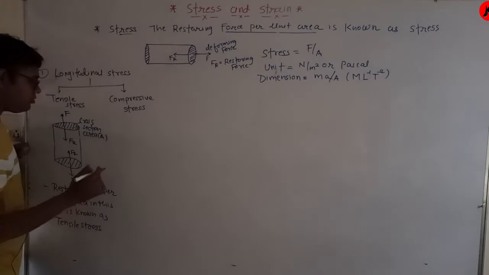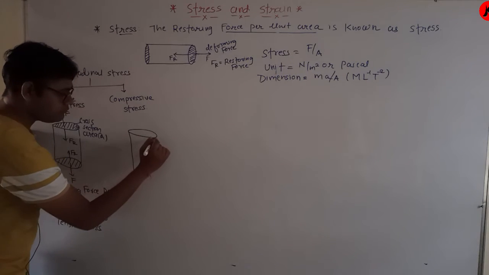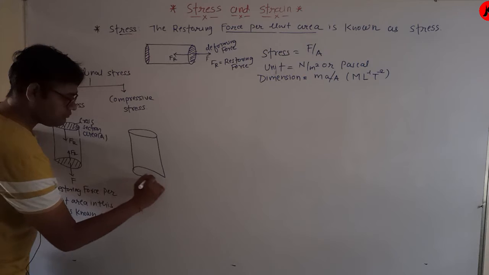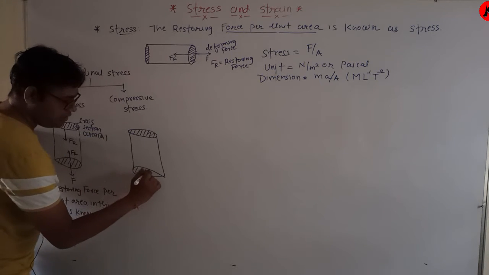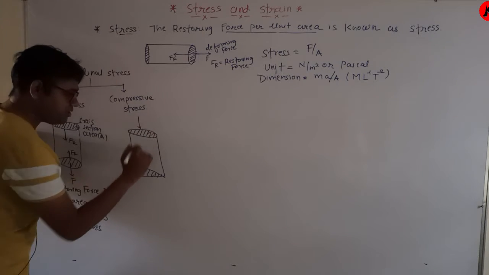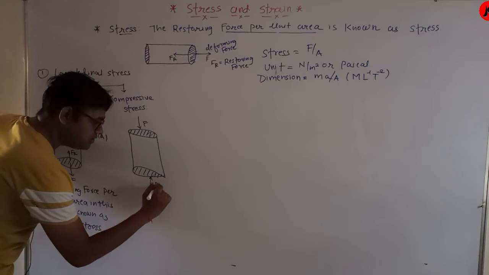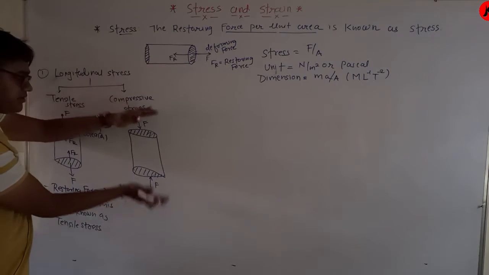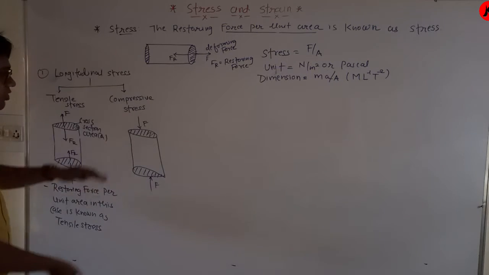Now in case of compressive stress, here the cross sectional area of cylinder, here also the cross sectional area of cylinder. In case of compressive stress, if I compress this cylinder from the two ends, then what will happen?